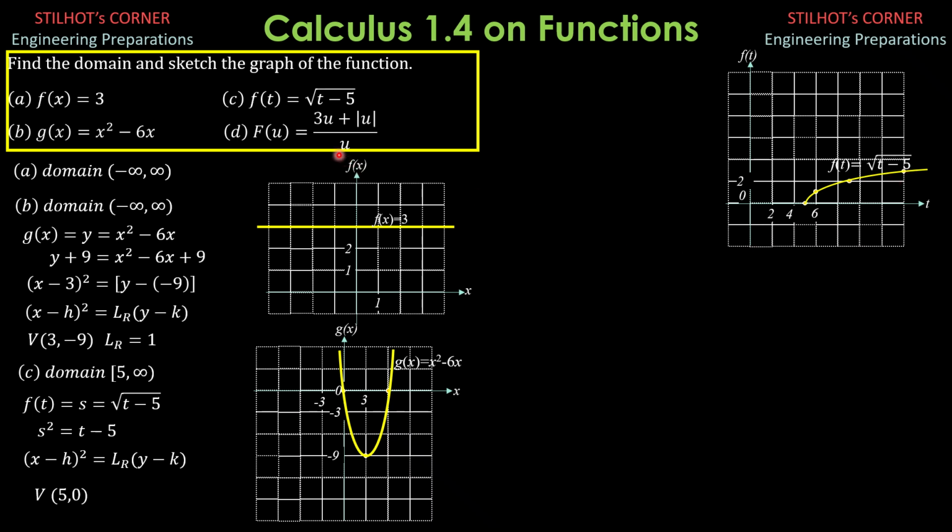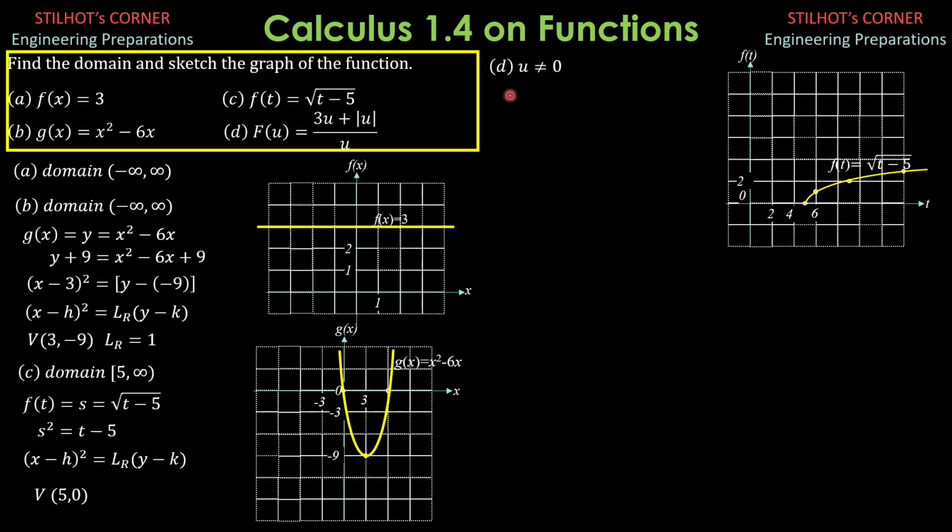Then finally, for part D, we have f of u equals 3u plus absolute value of u over u. The denominator cannot be 0, so the restriction here is u should not be equal to 0. Any value of u can be assigned, positive or negative, except u equals 0, which will make this function undefined.